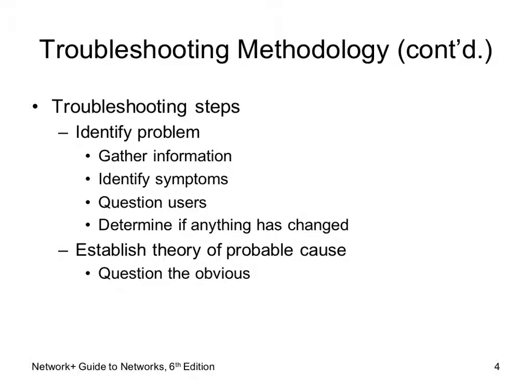So you've got to pull that information sometimes from them, or get information around them to determine the issues. Okay, and we'll talk about how to do that. Identify symptoms, question users around them, not just that person. Determine if anything's changed, whether in the network, software updates, people, computers, whatever. Doesn't matter.